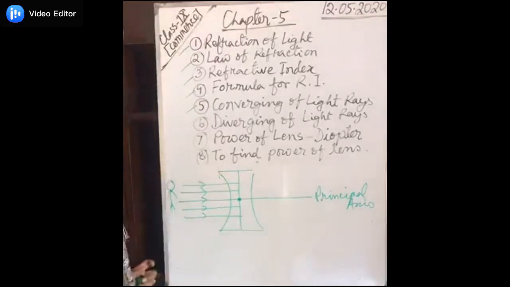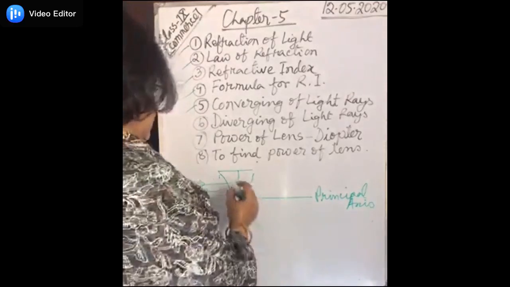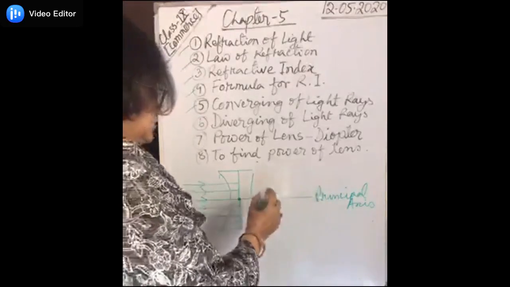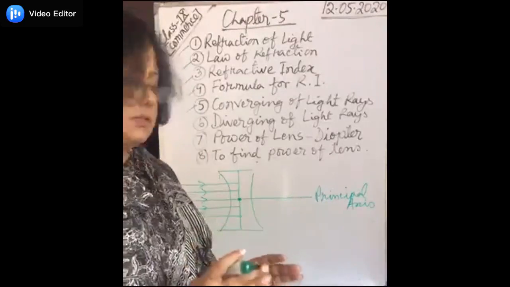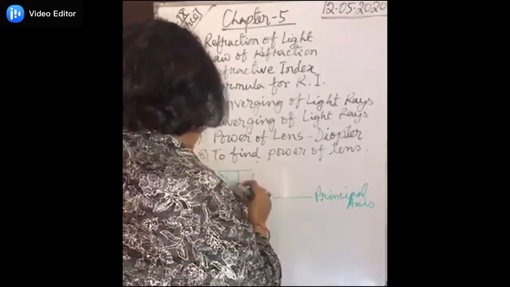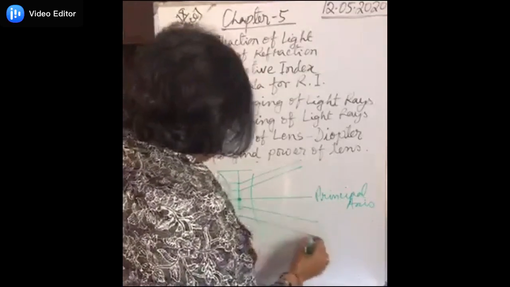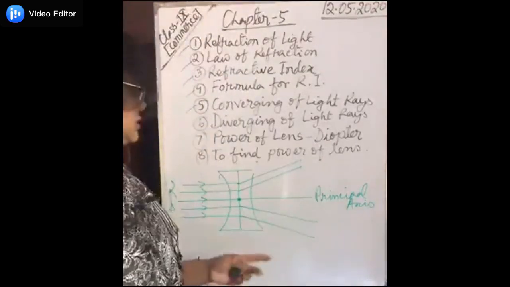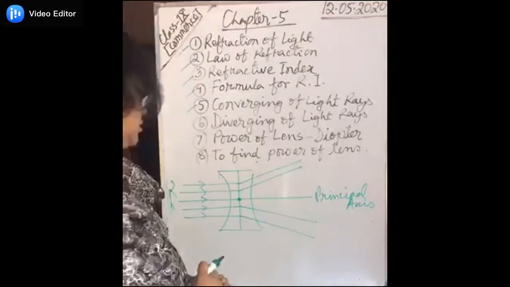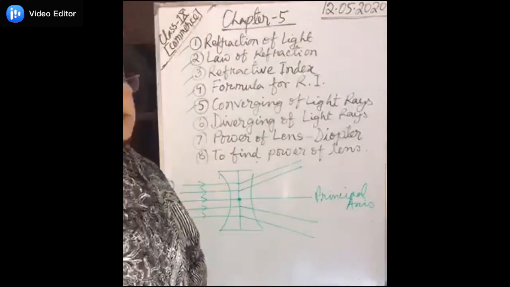These are incident rays. When they pass to the other side, instead of staying parallel, they go far away from one another. Okay? So it is just the opposite of converging. This phenomenon is called diverging of light rays.